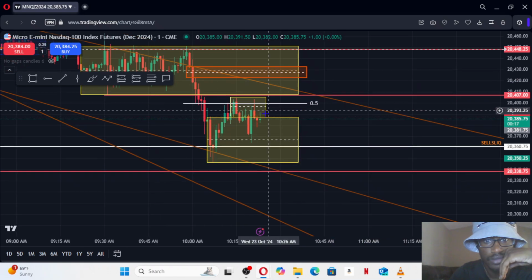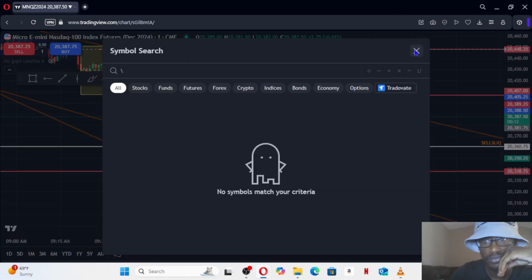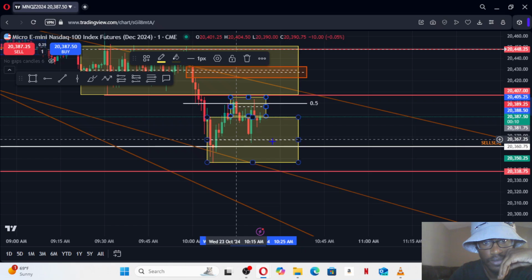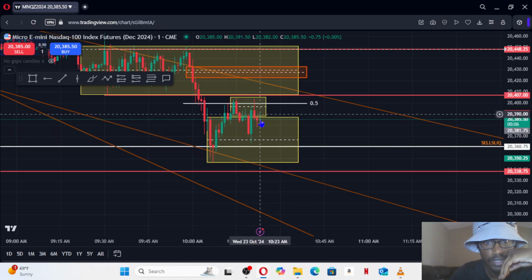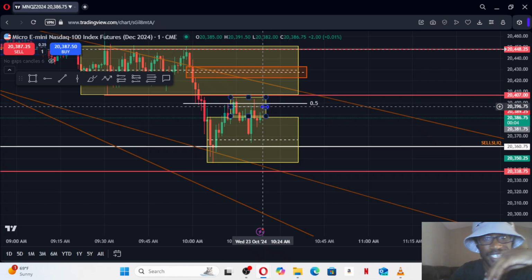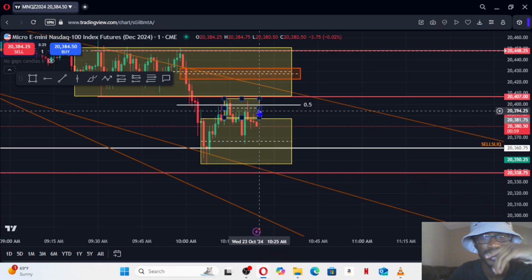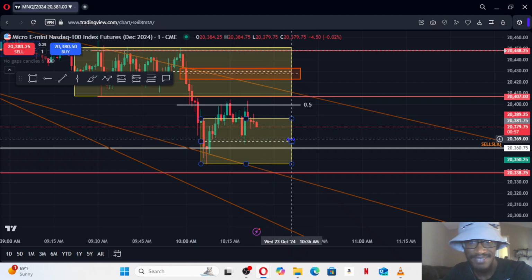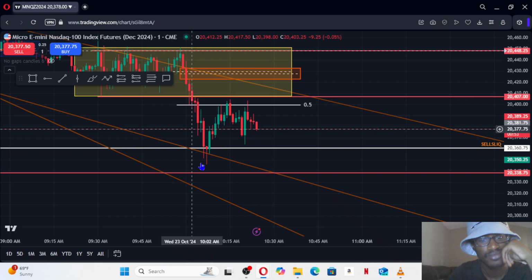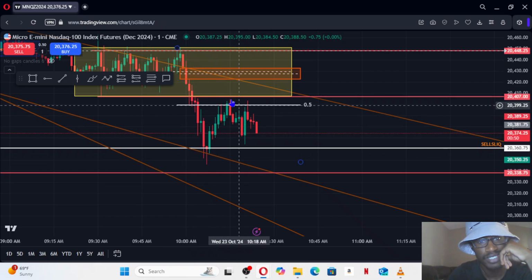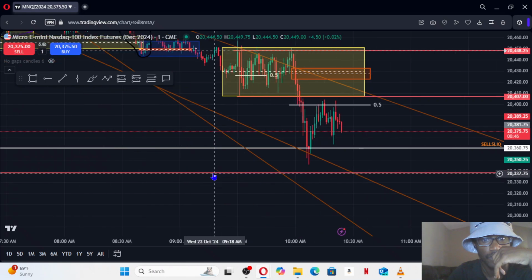This was a beautiful trade from this tap to the zone. This was a good one too. And once you take them, I don't know. I just don't like them, especially the buying one. I've been pushing down.